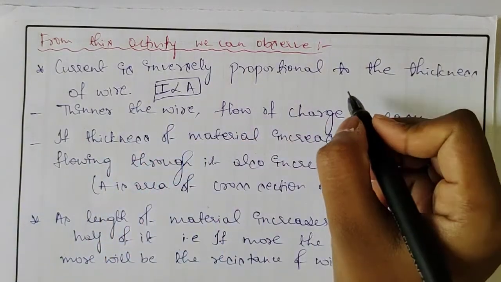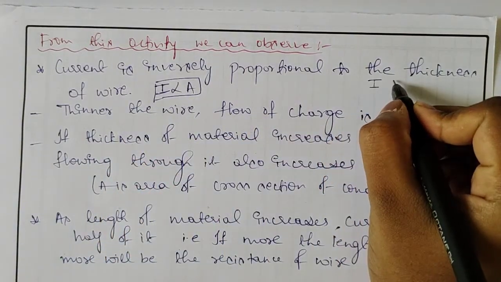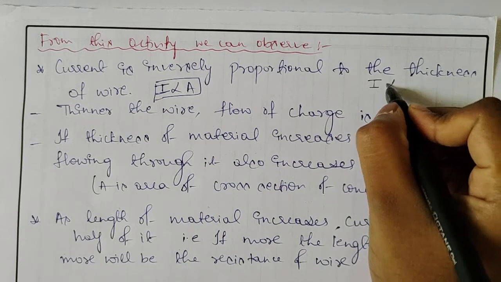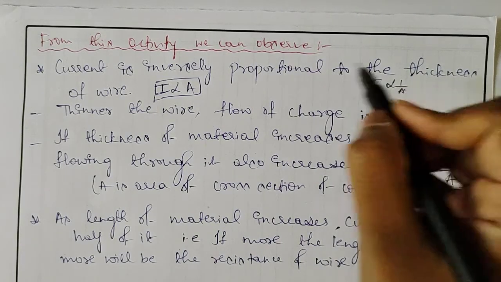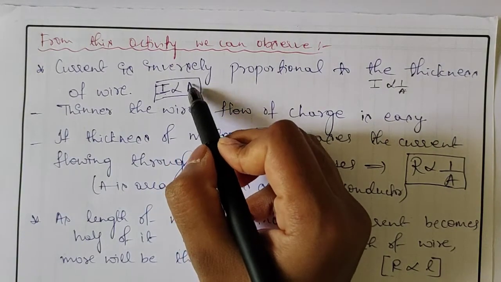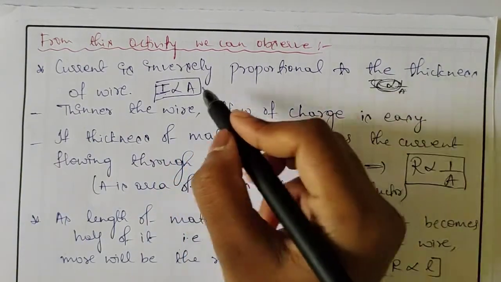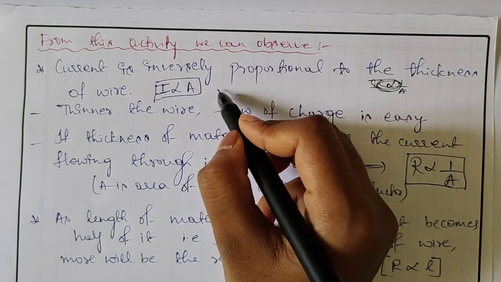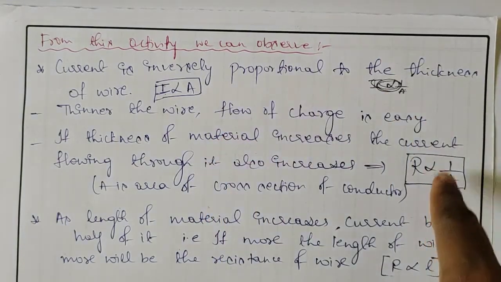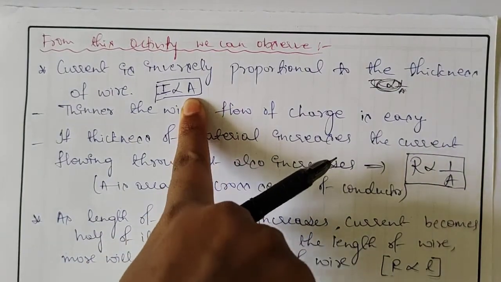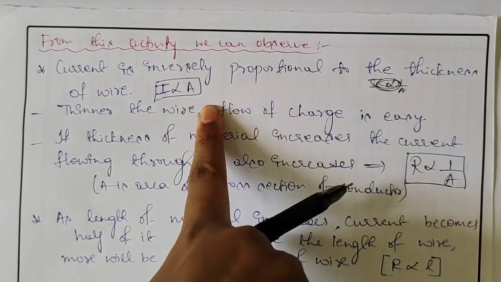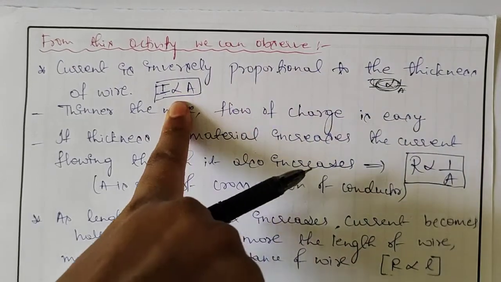I need to write this as I is inversely proportional to 1 by A, but we'll get I is directly proportional to A. I'll explain this after a few moments, so that I get one equation, and based on that it is easy for you to see how we got this.